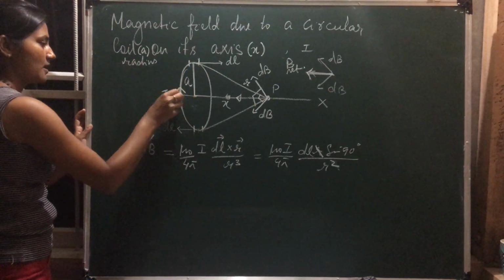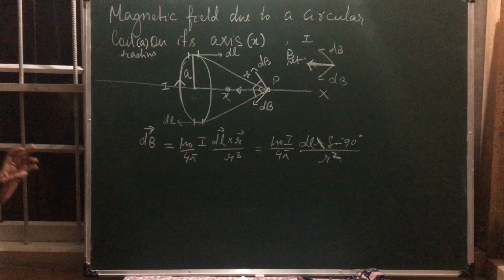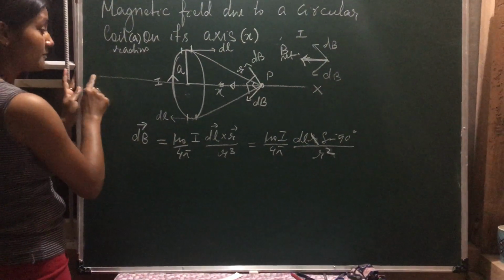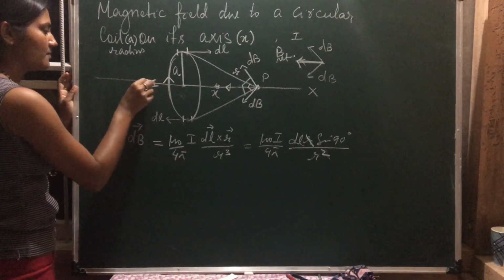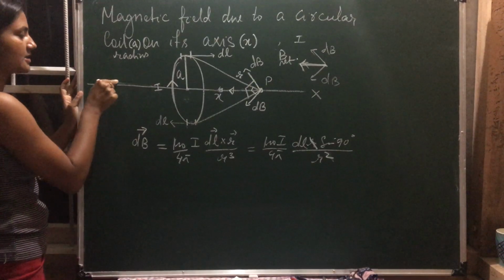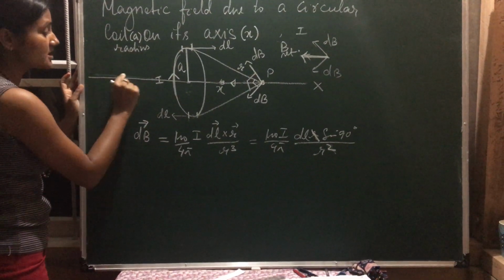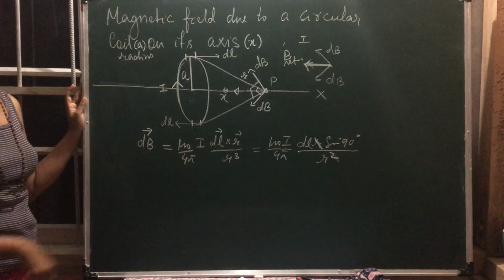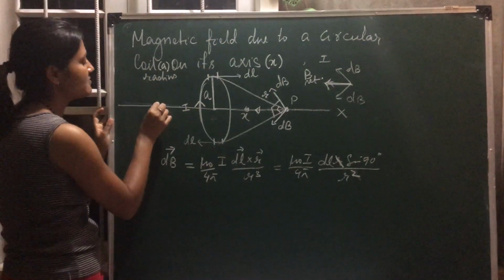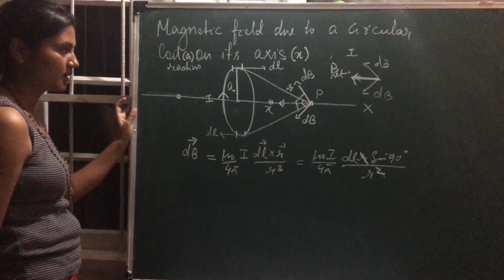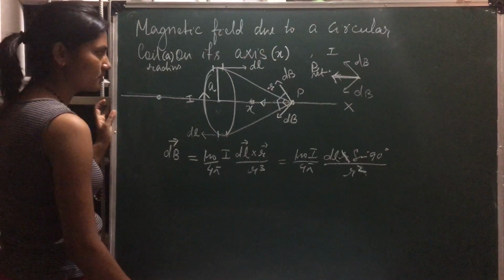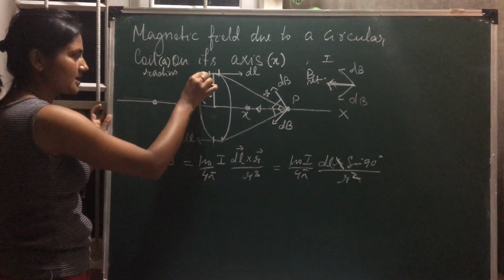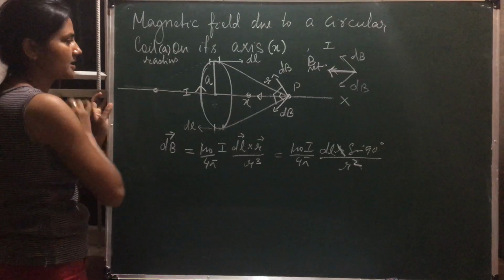I'm extending it. See, I'm not going to derive it, but we need to understand it, because if we don't understand, we are not going to understand the next thing. Let us take any point, and another point also, at any distance.